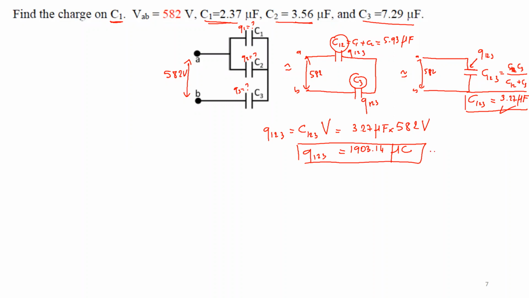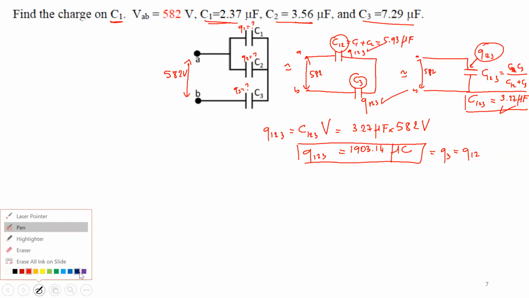Okay, so this Q123 is just equal to Q3. So I know Q3, which is also equal to Q12. Okay, so this charge here, because it comes from the series of C3 and C12, the charge here is the same as the charge here, the same as the charge here. Let me take another pen to make things clear.